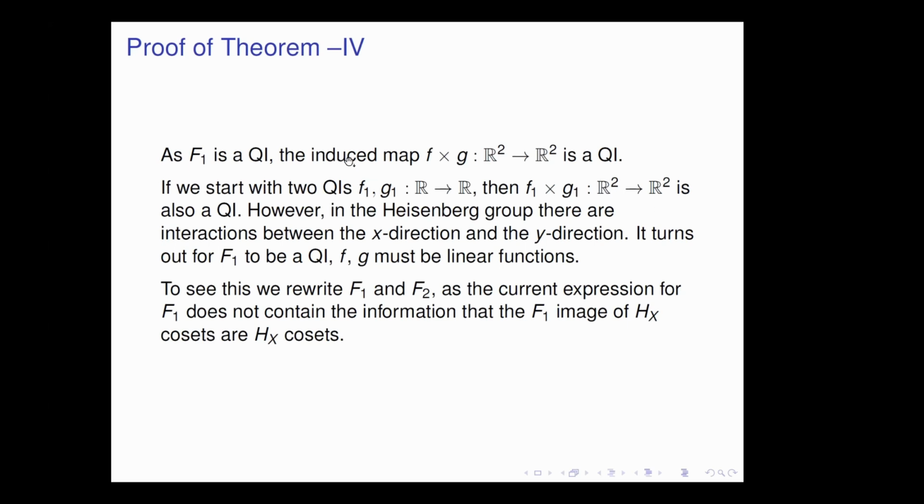However, in our case, these two maps, little f, little g, come from a quasi-isometry of the Heisenberg group. So in the Heisenberg group, there are interactions between the x direction and y direction. So it turns out that for F1 to be a quasi-isometry, the two maps, f and g, must be linear functions.